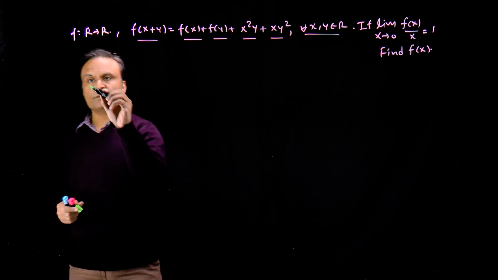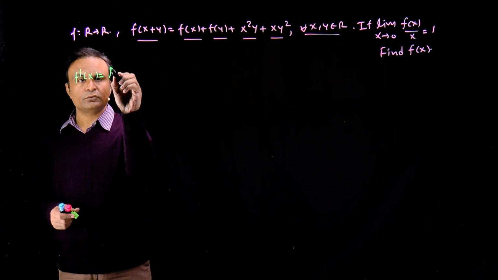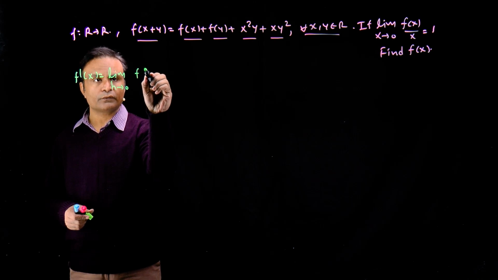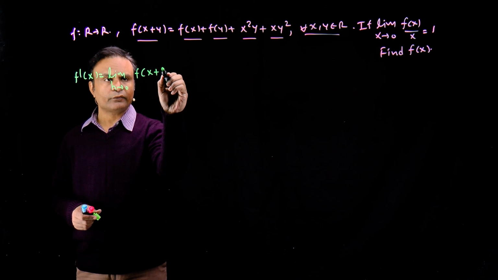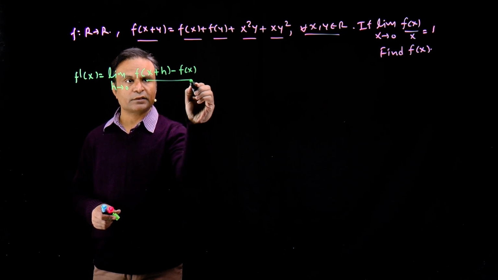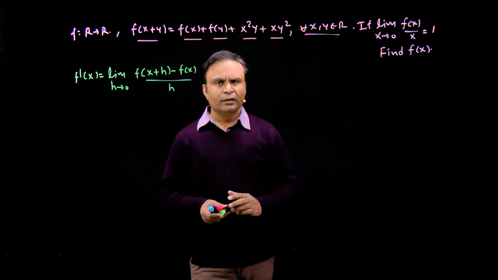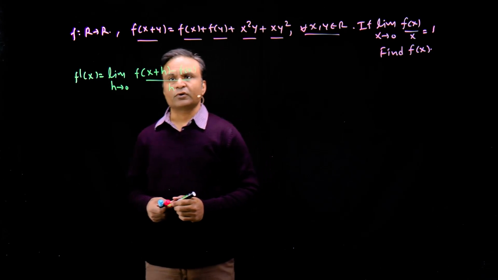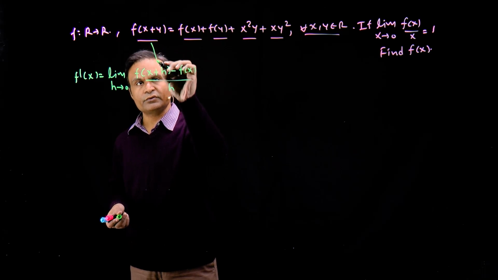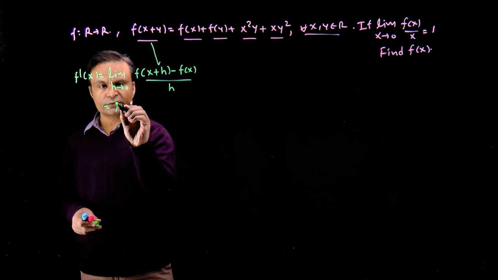Okay, so we have f dash x, this is equal to limit h tends to 0 of [f(x + h) − f(x)]/h. I think this question is simple because here we have f(x + y). We can straight away use this here for f(x + h). So let's use this.